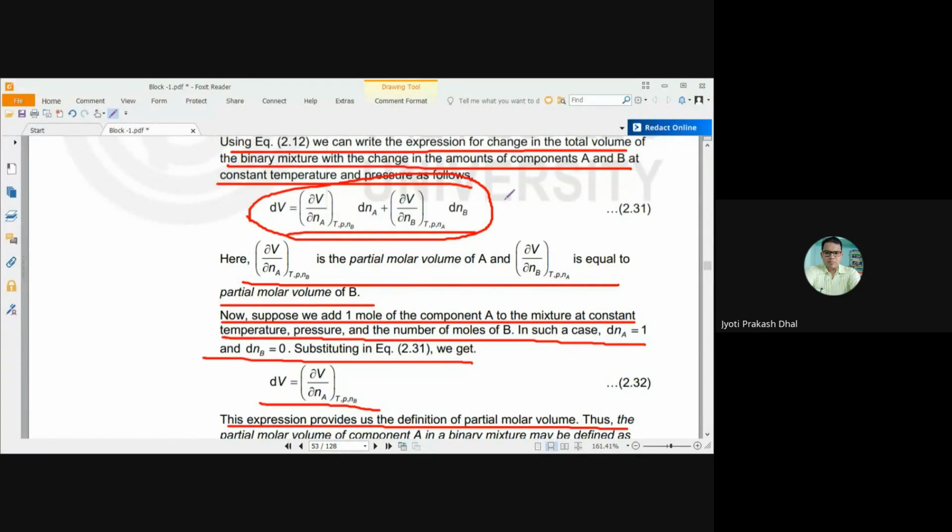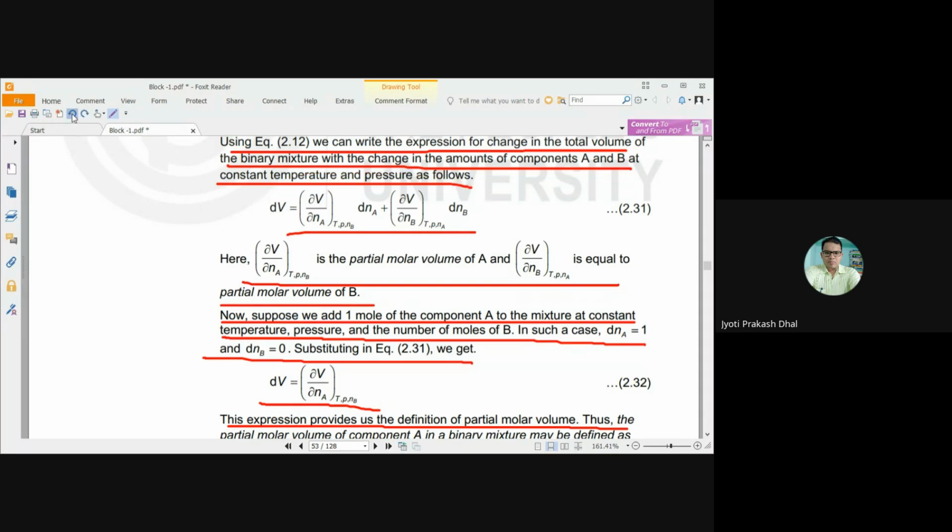So putting the value of x as V, we can just write dV equals del V by del n_A dn_A at constant temperature, pressure and n_B, plus del V by del n_B dn_B at constant temperature, pressure and n_A.